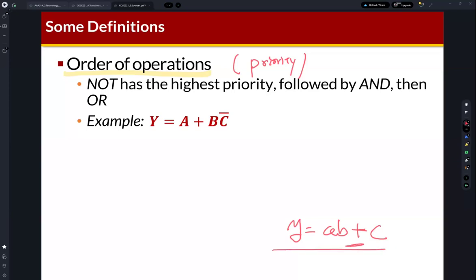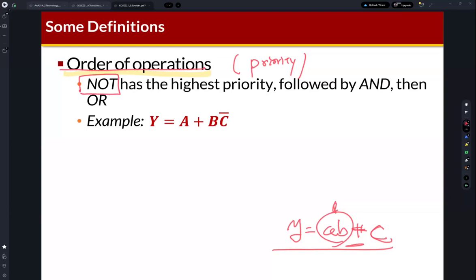For this equation, we first perform a multiplied by b and then plus c. So in our equation, we need to define the priority of operation, and it's true for the Boolean equation. This is the order of operations.